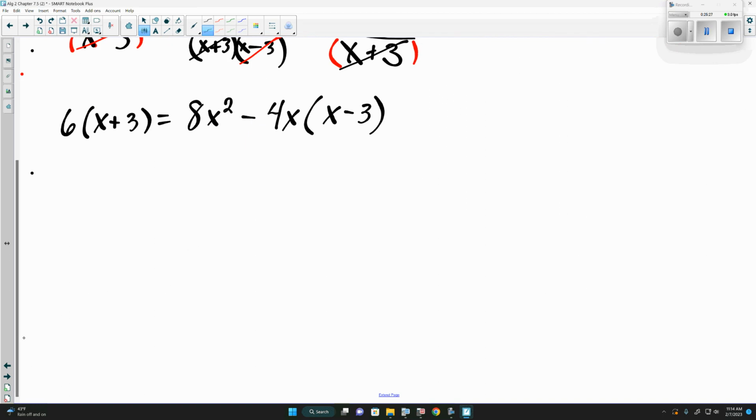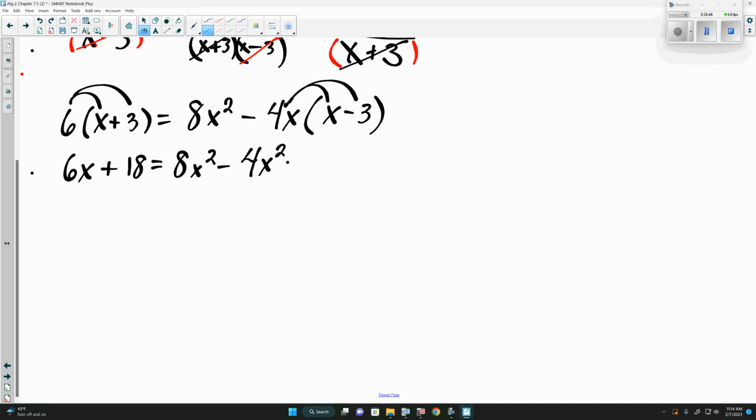Any questions on this so far? Now for the first set of parentheses, we need to distribute the 6. 6 times x is 6x, plus 6 times 3 is 18, equals 8x squared. Negative 4x times x is going to be negative 4x squared. Negative 4x times negative 3 is going to be plus 12x.